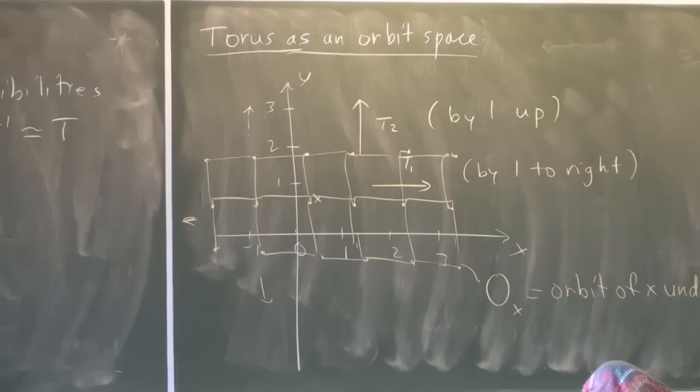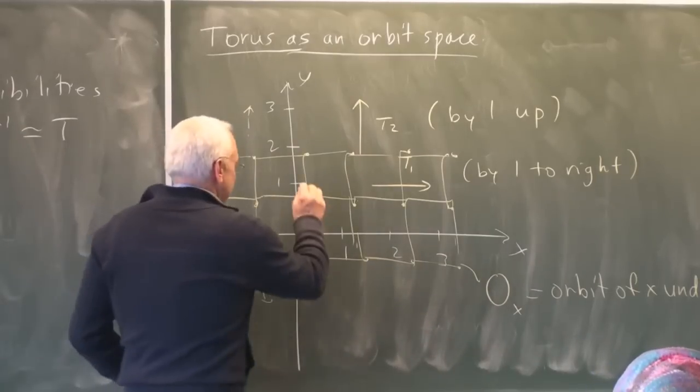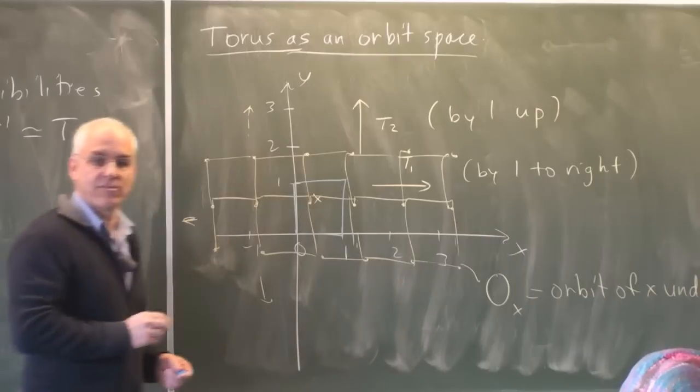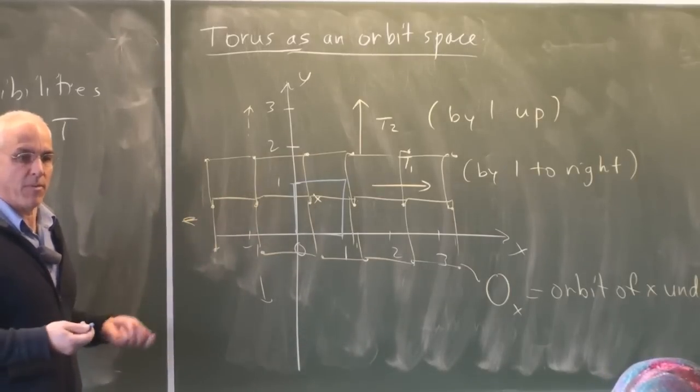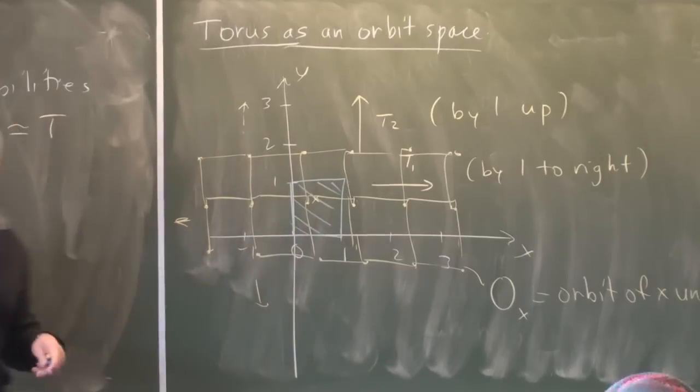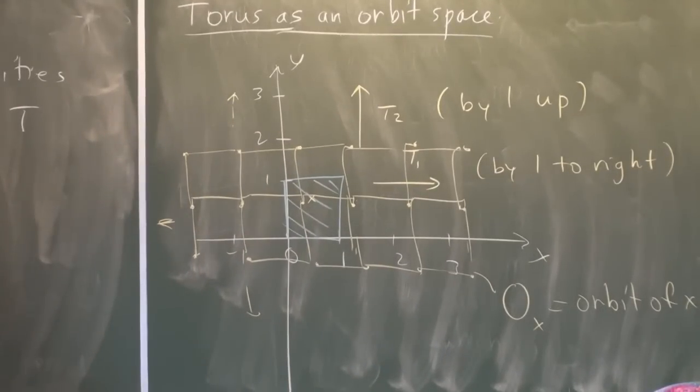Well, every orbit has a representative in this. I'll choose this unit square rather arbitrarily. I could choose any square. If I choose this particular square, then every orbit intersects or meets that particular square. Right.